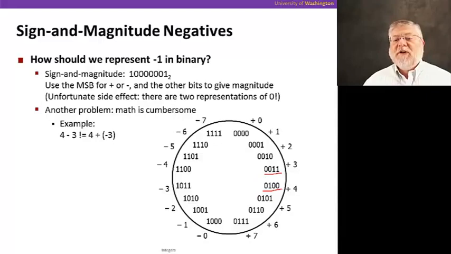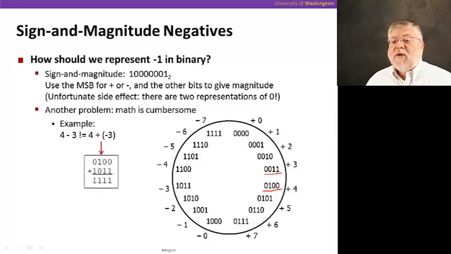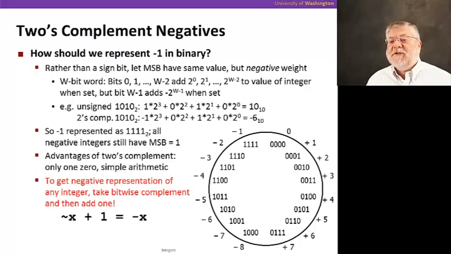But now if we look at 4 plus a minus 3, which should yield the same result, we see that in fact 4 plus a -3 yields -7. Well, that's not the same as 1. So we now would have to worry about the order in which we do the additions and subtractions. This is not something we want to be dealing with when we think about arithmetic in our programming languages.